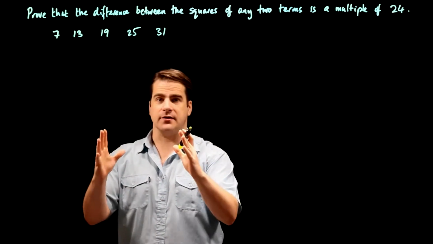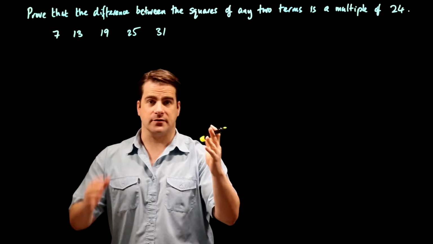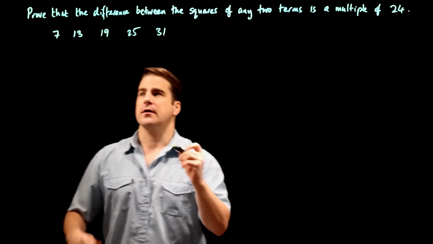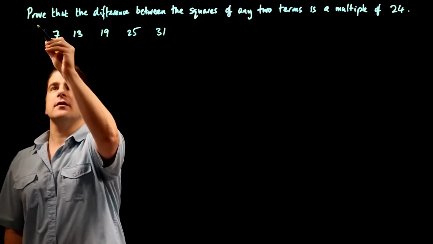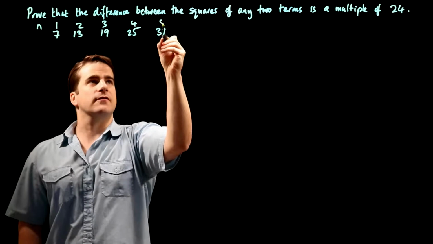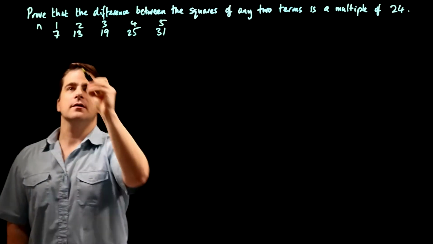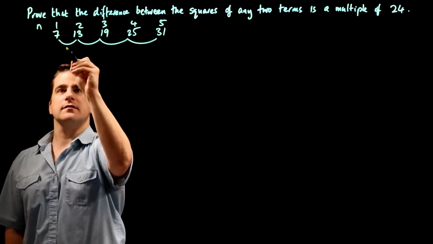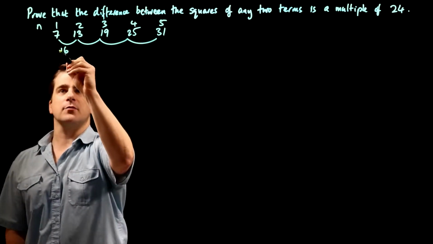One thing we definitely can do, we've got an arithmetic sequence, we can definitely work out the formula for the nth term. So let's do that, okay? So n is 1, 2, 3, 4, 5, and the common difference is 6 every time, or plus 6.